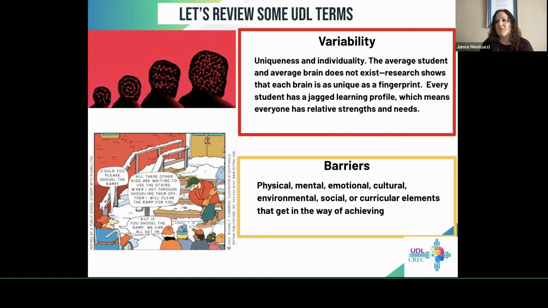So the concept of universal design for learning was originally an architectural design, so that we could make buildings ADA compliant. And then the field of education took that framework and brought it into education.